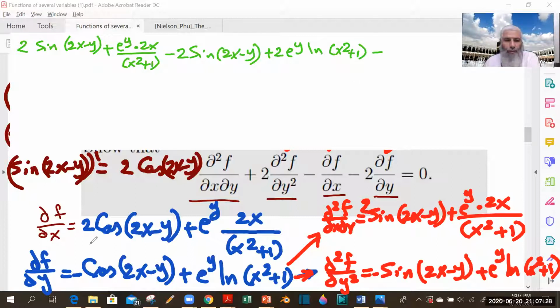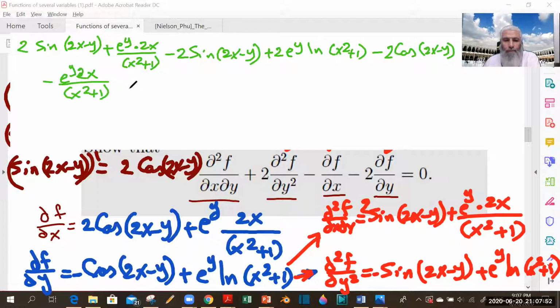df/dx. Where is df/dx? This one: 2 cosine(2x minus y), and this minus is multiplied here again: minus e^y multiplied by 2x divided by x squared plus 1.